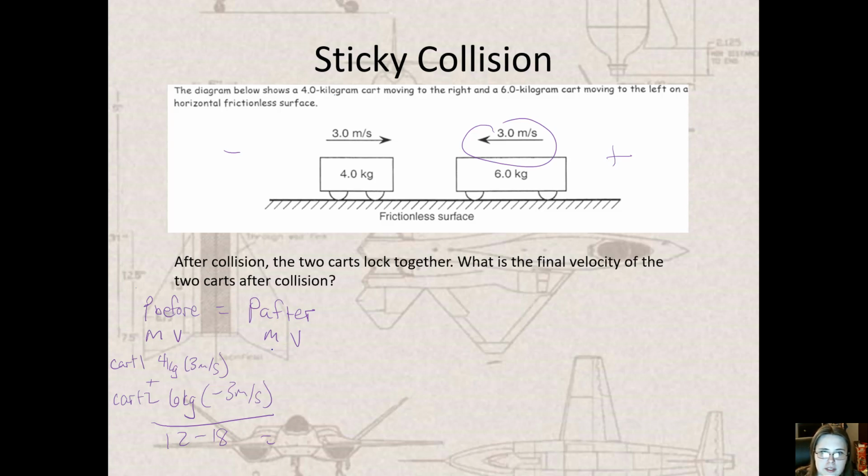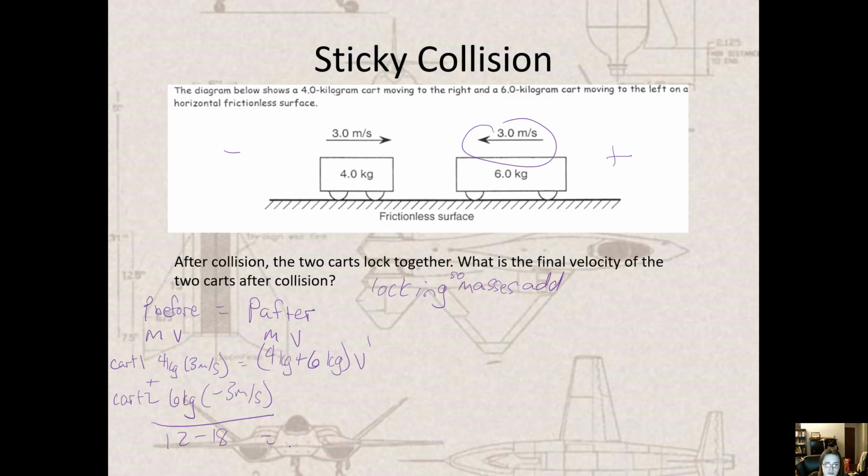So then the masses didn't change. It's still equal to 4 kilograms. But these are locking together, so the masses are added. So then it's 4 kilograms plus 6 kilograms times the V prime, the total.